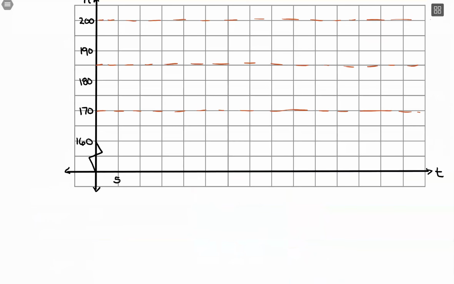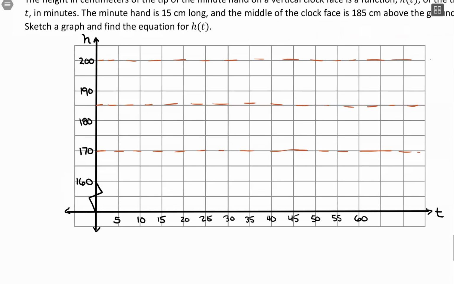How about we go in increments of 5 minutes, and you can see a full hour. Alright, and I'm saying I want to start up here at 200. So that would mean when time is 0, we're at 0 minutes. That makes the most sense. And then when we get to 15 minutes, we should be at the midline.